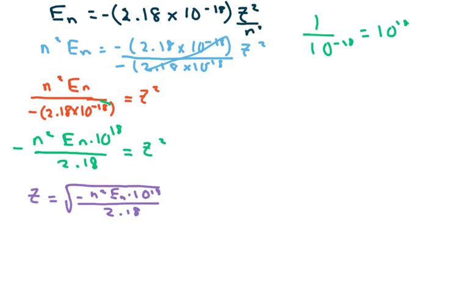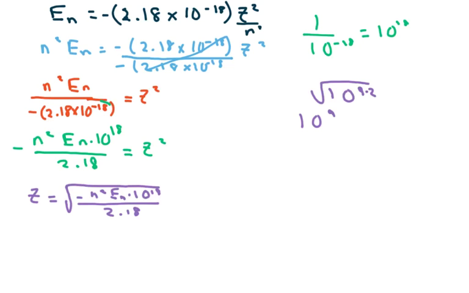Now, this is not one of the answer choices. So what we can do is take the square root of 10 to the 18th and pull it out. I can write 18 as 9 times 2, so I can pull out 10 to the 9th, and inside you get 10 to the 9th squared.